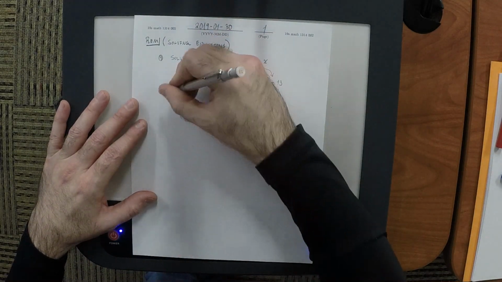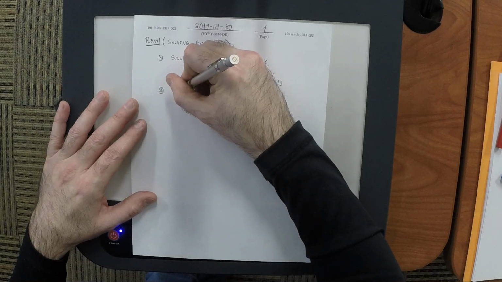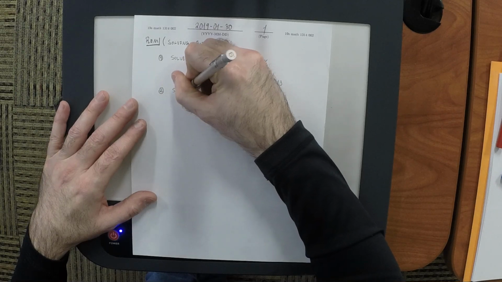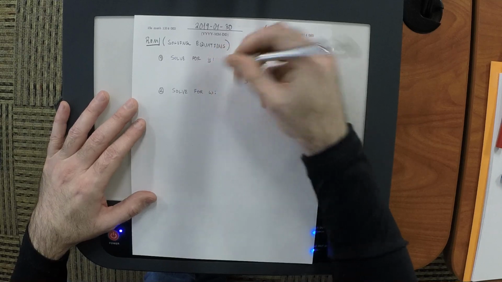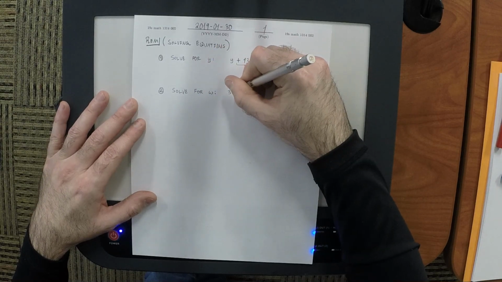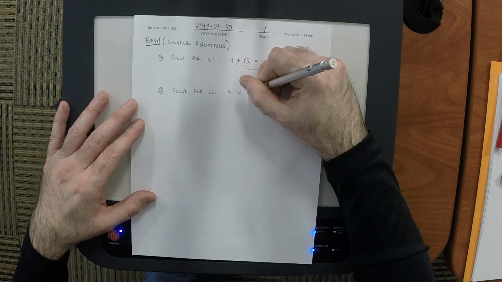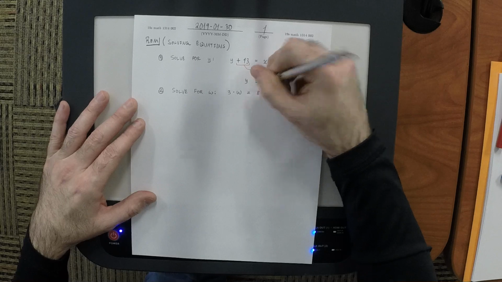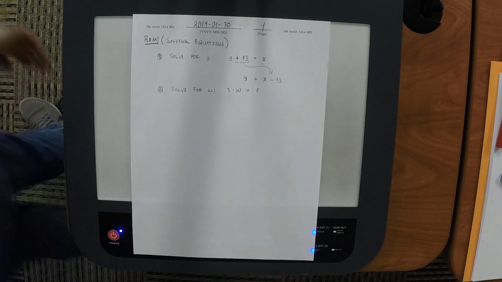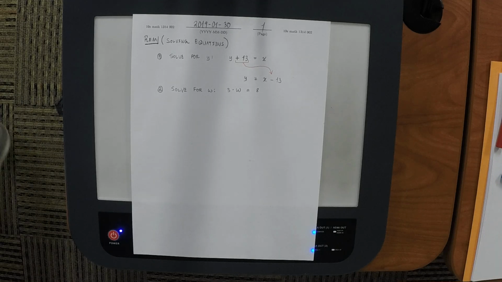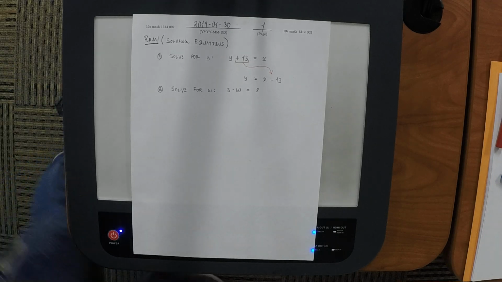Now, how about solve for w? 3 multiply w is equal to 8. Again, we want the w all by itself.